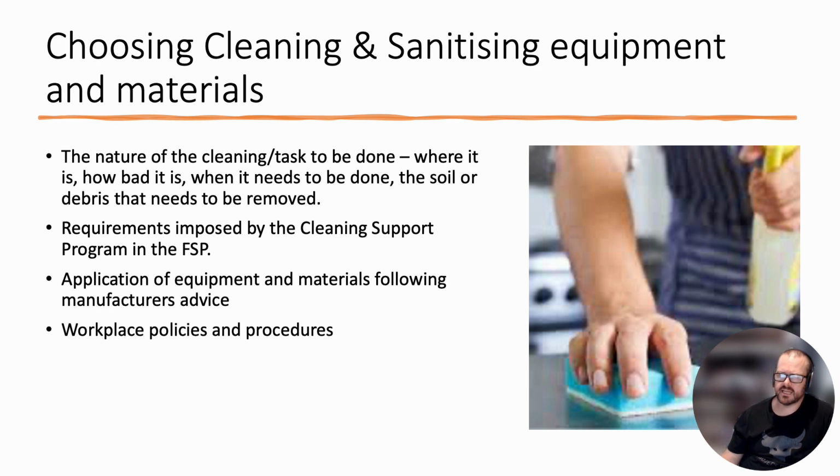Okay, so we're moving on to cleaning and sanitizing. How do we decide on what we're going to use to clean and sanitize? It really is going to depend on the nature of the task, how bad it is, when it needs to be done, or what needs to be removed.